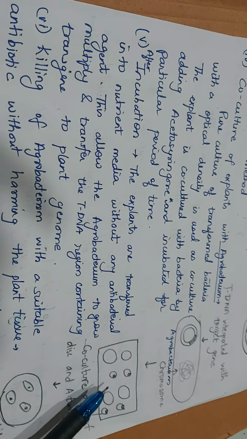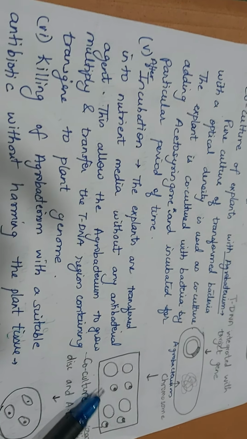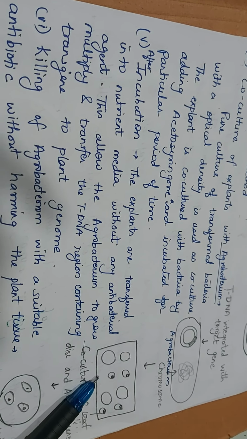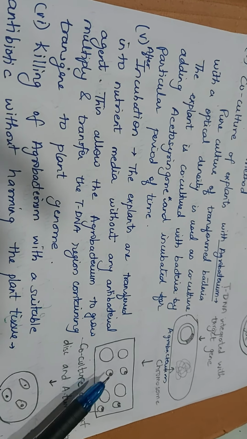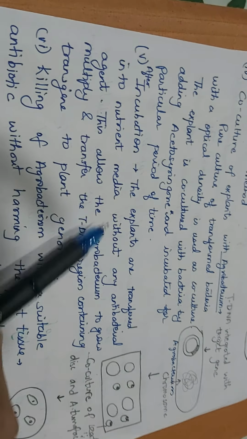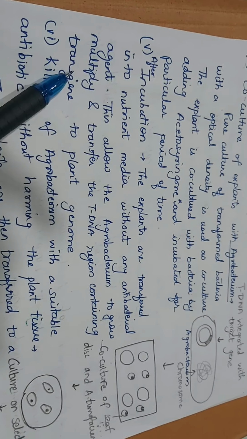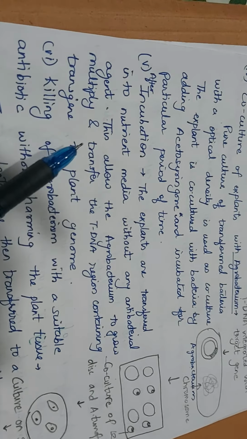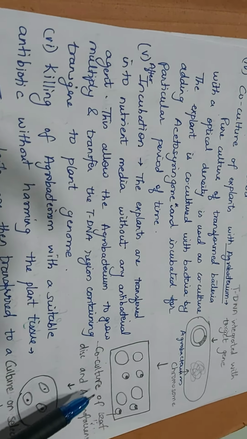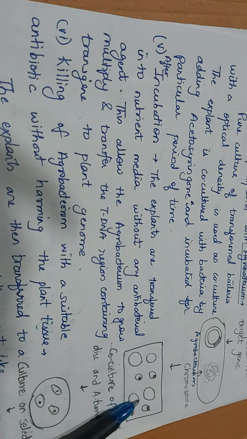At this time, few of them may be non-transformed, there are little chances of that, and the maximum will be the pure culture bacteria. All will grow together. This allows Agrobacterium to grow and multiply, and now it will transfer the T-DNA containing the transgene to the plant genome.